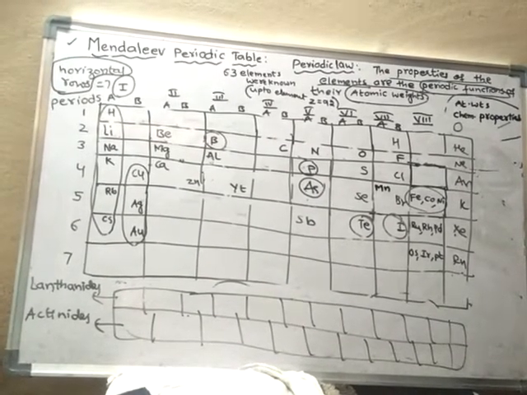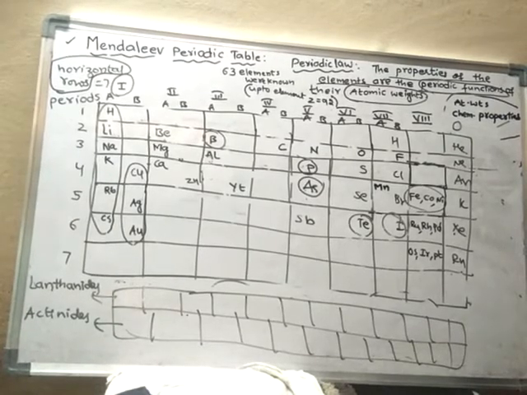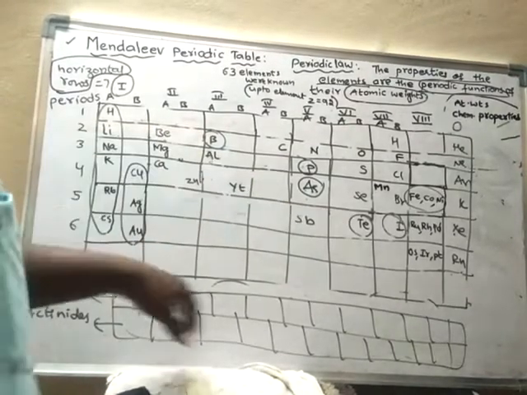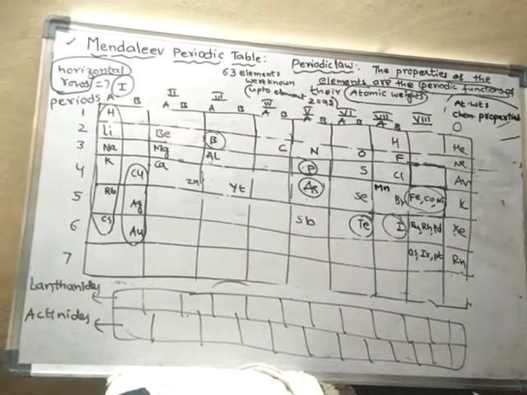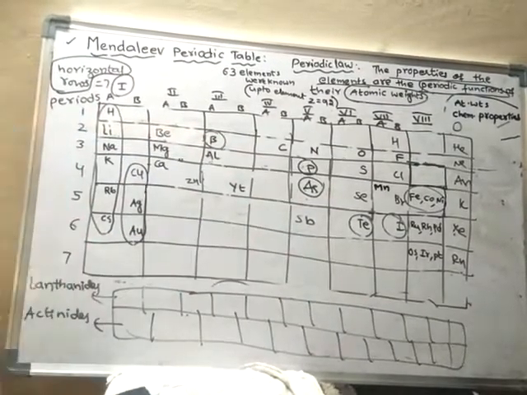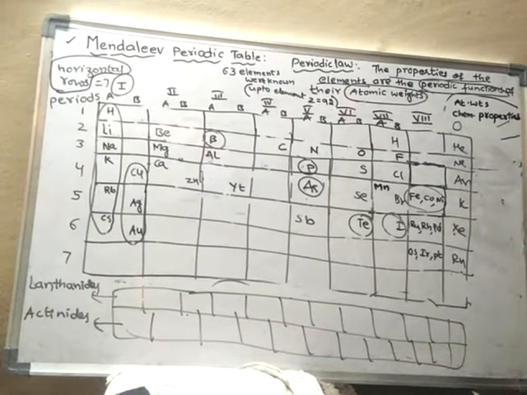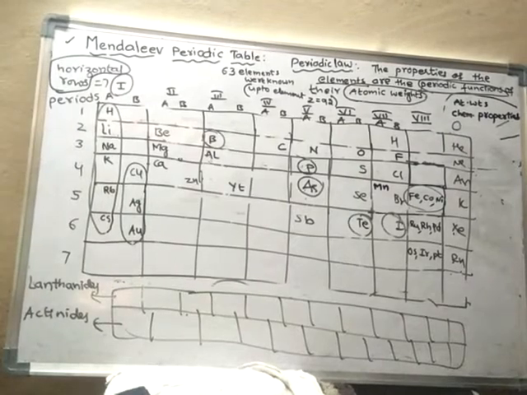So like this, even then, there are so many defects in the Mendeleev periodic table. That is why this Mendeleev periodic table was rejected by the scientists. What are the defects?